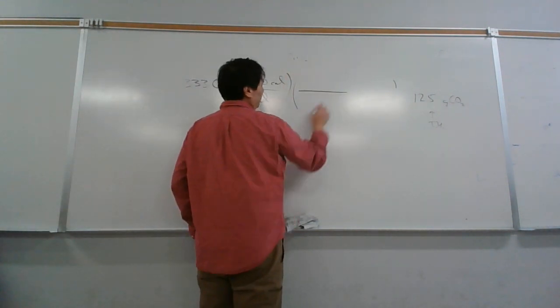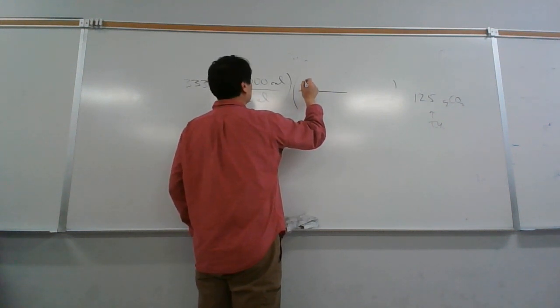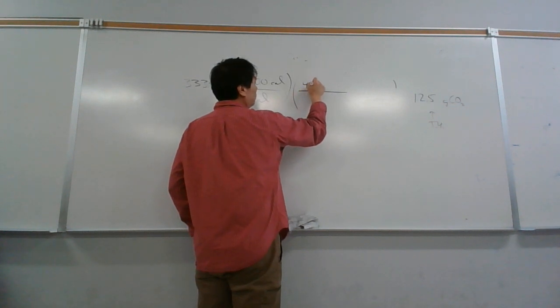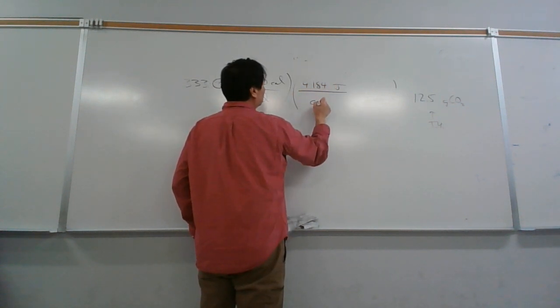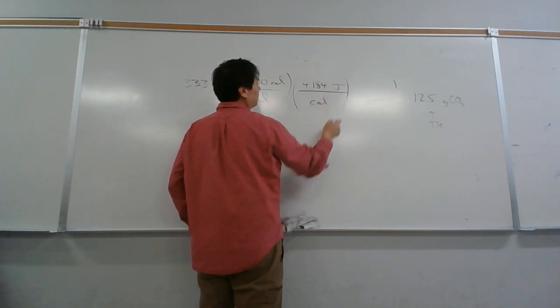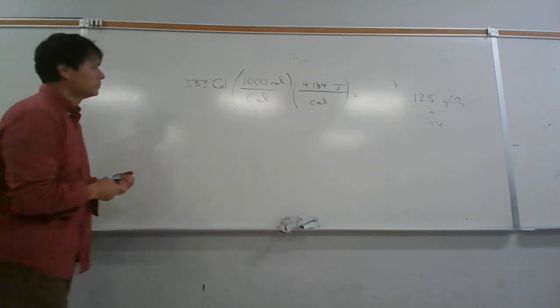And then a lot of people have this memorized. It's 4.184 joules per little calorie. So how many joules does it count to?